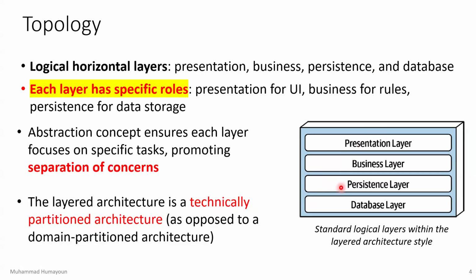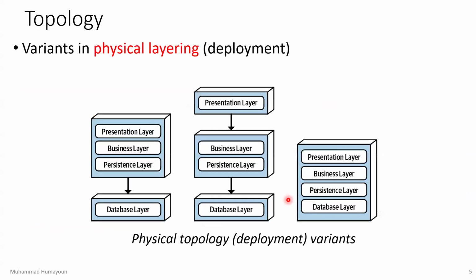The persistence layer is all about how your object-oriented design is converted into the structure that you will have in your database, and so on and so forth. So this layered architecture is a technically partitioned architectural style. Layered architecture is always technically partitioned, as we studied in previous slides.